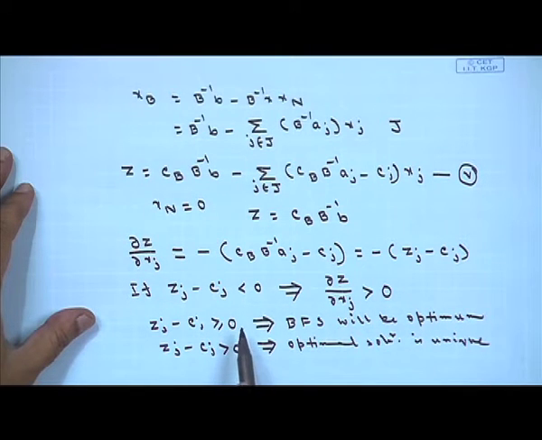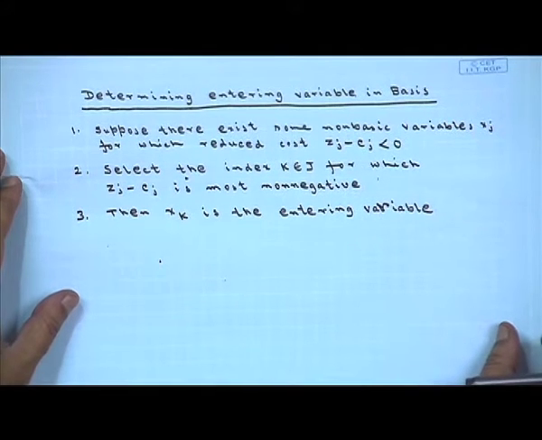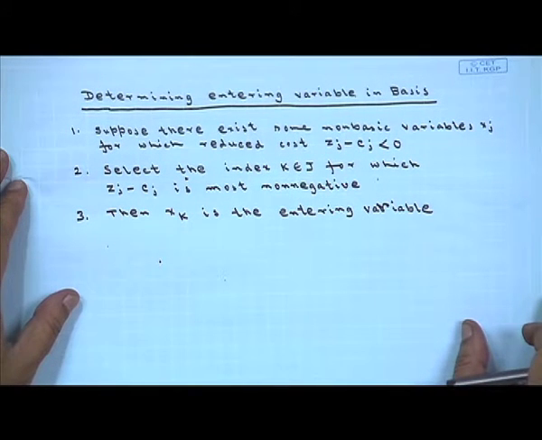So, then I have to find out what should be the entering vector, that means from the basis one vector will be going out and one vector will come inside. So, now we will check which vectors will be entering and which vectors will go out. For that, first let us see determining the entering variable in the basis.